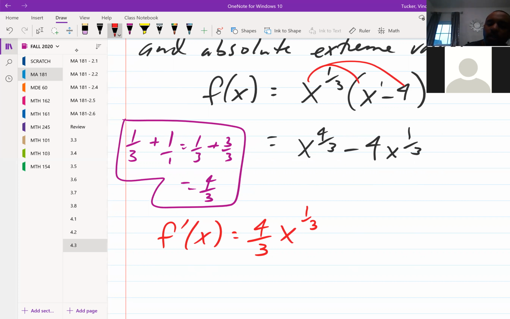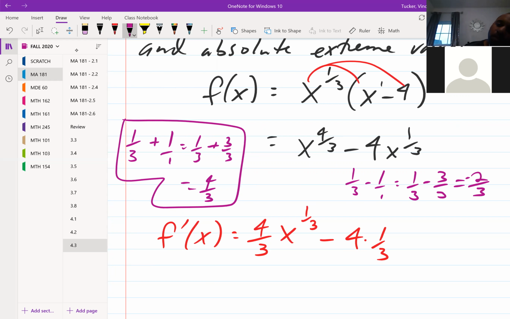All right, then here, bring the 4 down, 1/3, subtracting 1 from 1/3. So that'll be x to the negative 2/3.